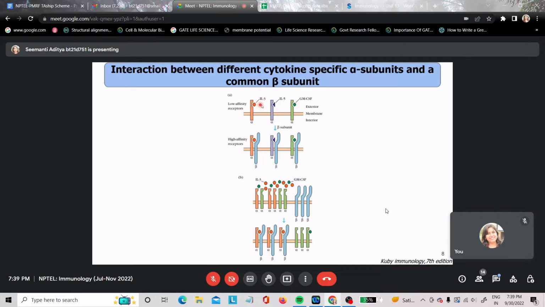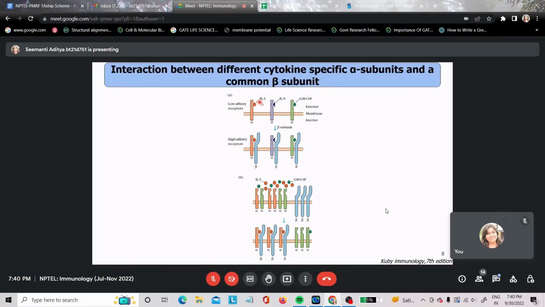IL-3, IL-5 and GM-CSF, or granulocyte macrophage colony stimulating factor, will bind to their respective alpha subunits present on the cell surface of their target cells. So their target cells have these low affinity receptors. Basically, the alpha subunit alone is low affinity and provides a low affinity interaction.